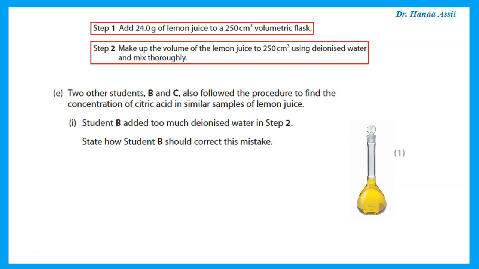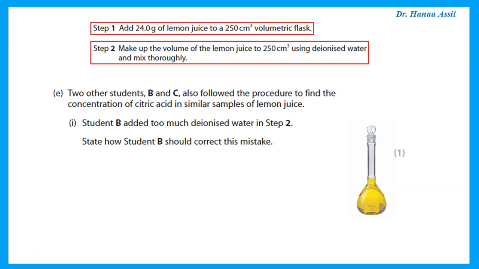The problem here is the student added too much water, so they passed the mark in the neck of the volumetric flask. They added too much water and it went up above the mark. Of course, that has ruined this solution. We don't know now what its volume is, so there is no way of calculating the mass of the citric acid in that solution.